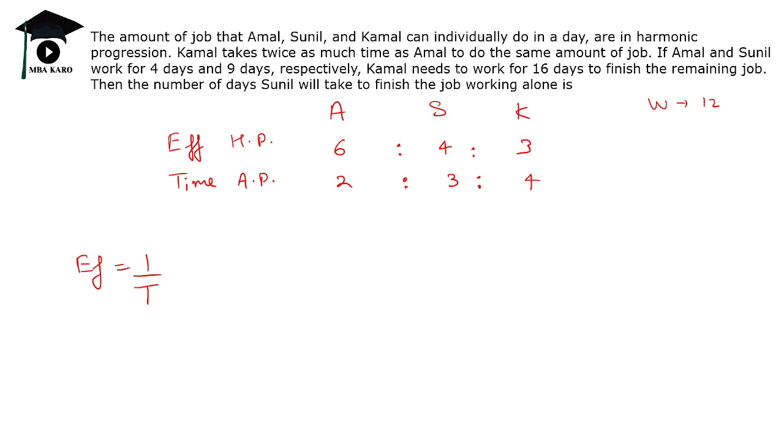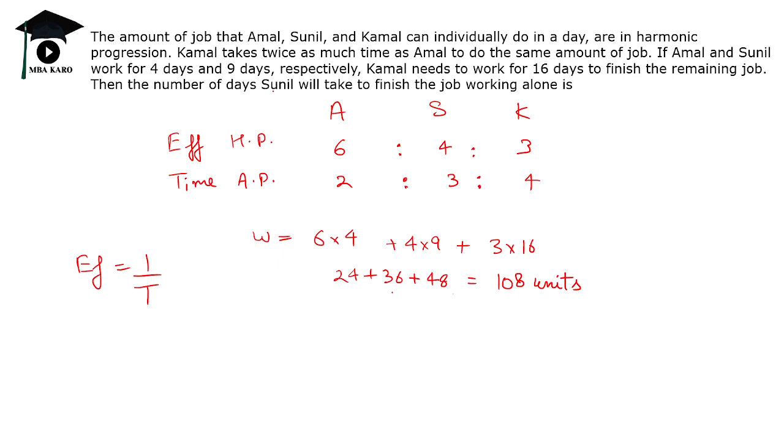Now it says Amal and Sunil work for 4 days and 9 days respectively. So we will find the total work. Amal works for 4 days, Sunil works for 9 days, and Kamal works for 16 days to complete this work. So total work is 24 plus 36 plus 48, which is 60 plus 48, 108 units.